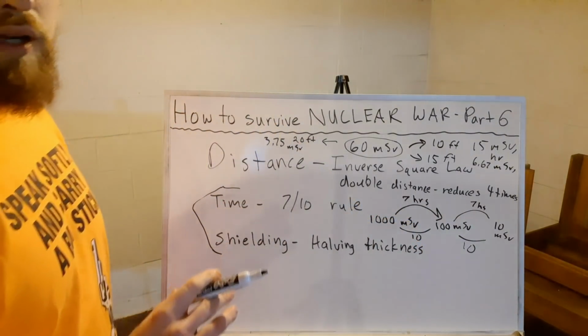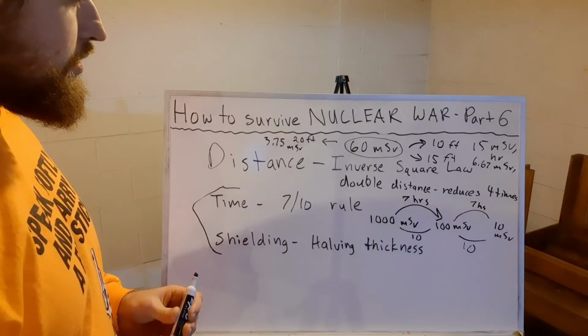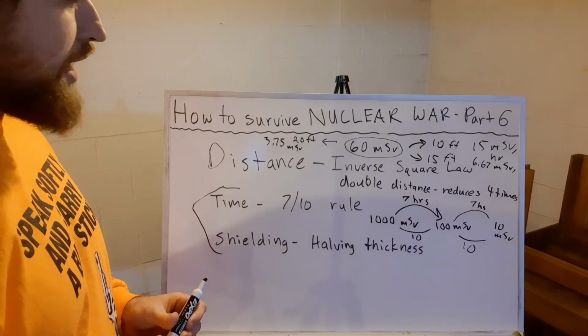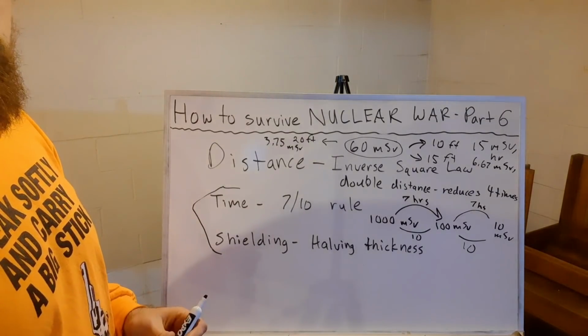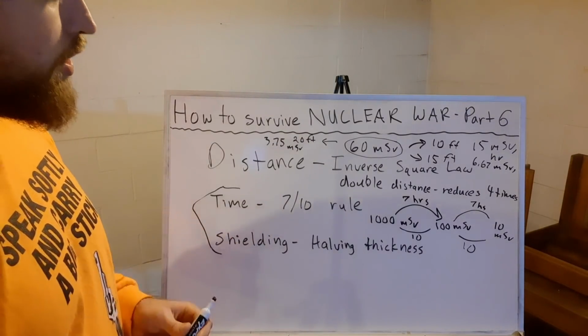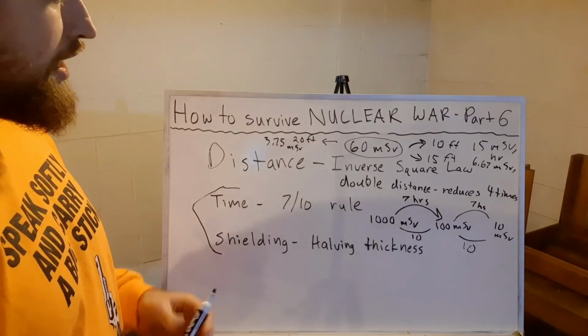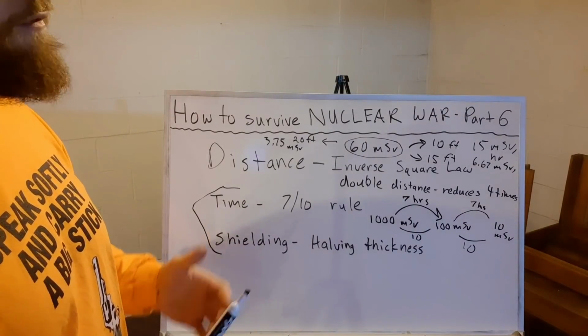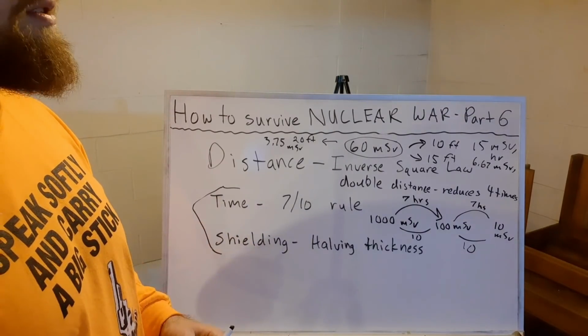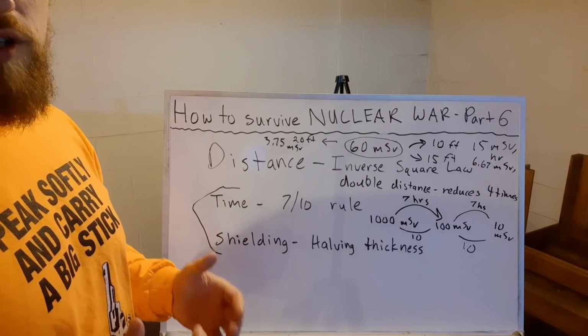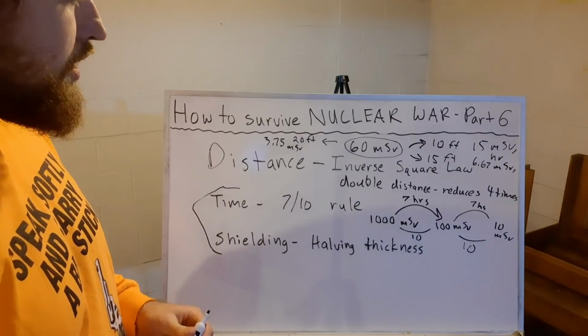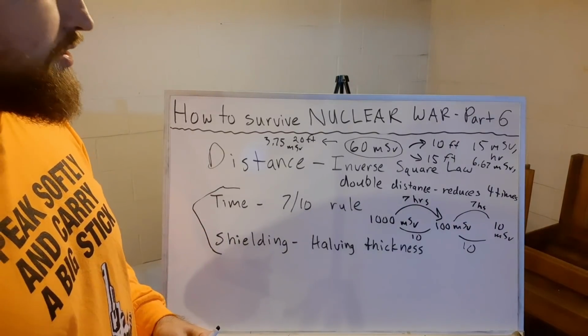If you remember, what was the point at which radiation sickness begins? Do you remember that? It's 400 millisieverts, where radiation sickness begins. If you take a dose of 400 millisieverts, you're going to start to get radiation sickness.